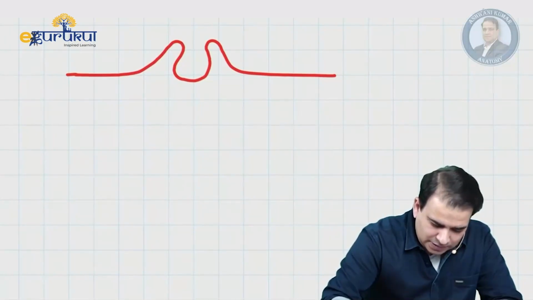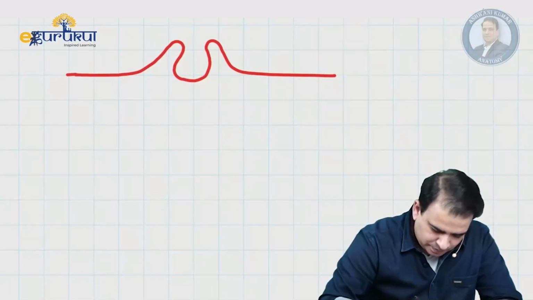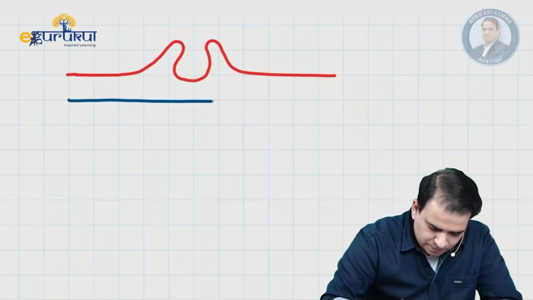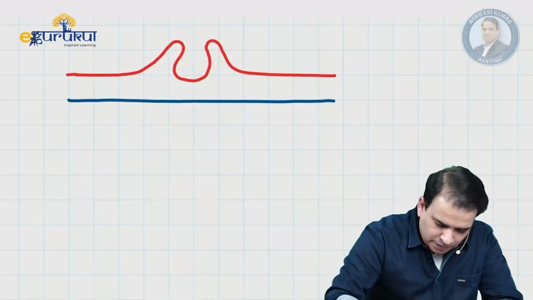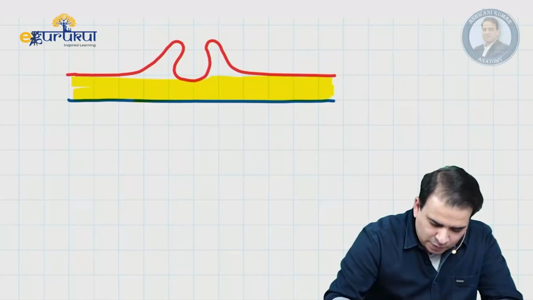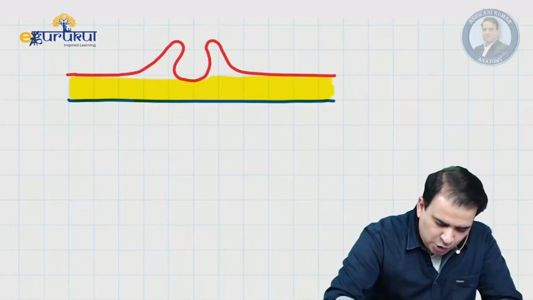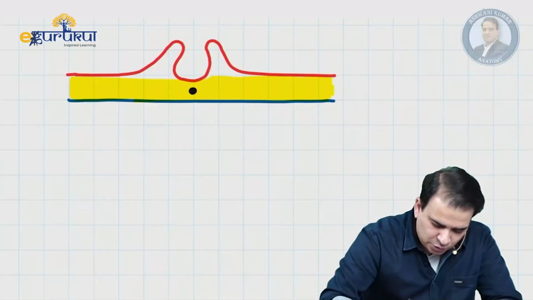Let's say this here is the endoderm. In between, let's imagine this all is the mesoderm, right? And the one which has replaced the axial mesoderm here is the notochord.